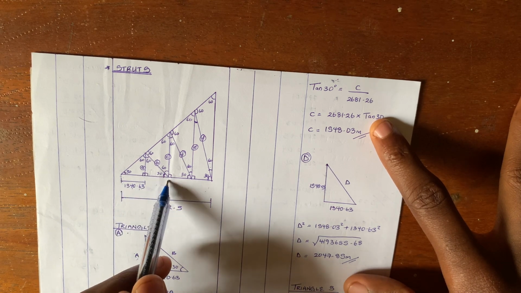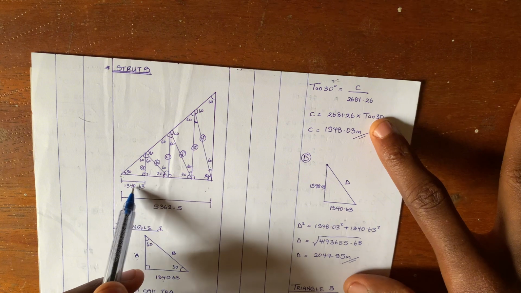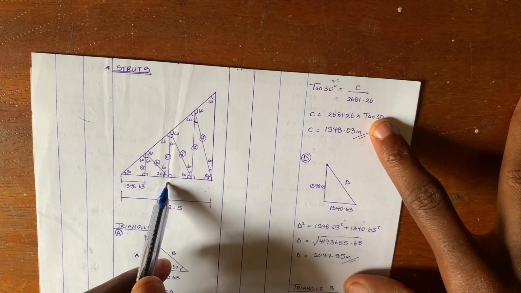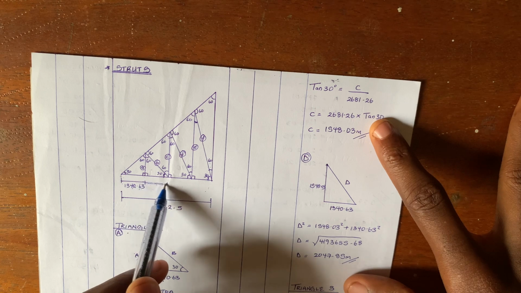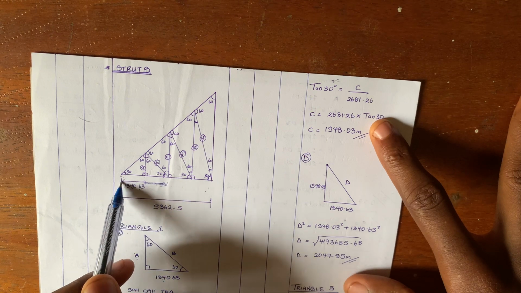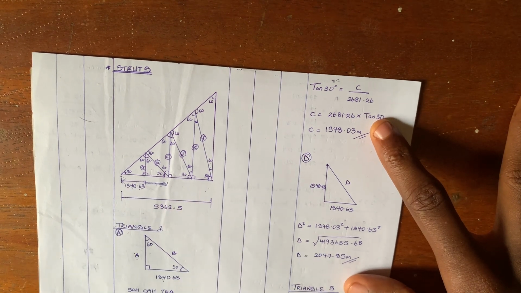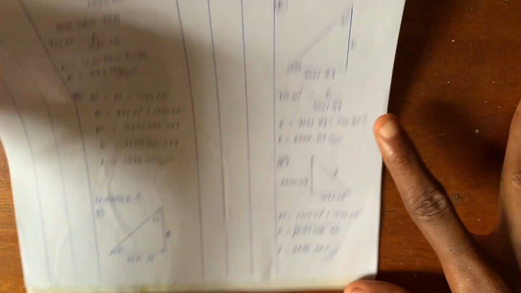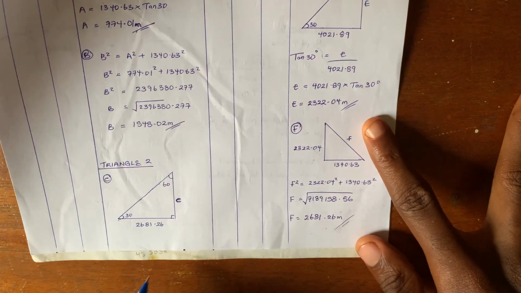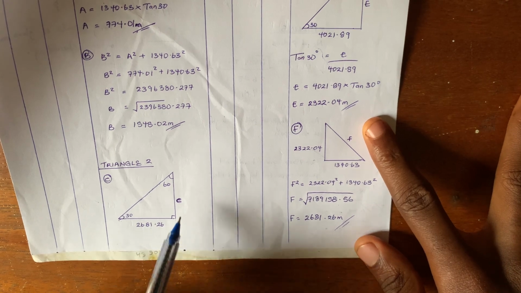From here also to here is the same thing. So you just times this one by 2. It will give you from here to here, and that is how we got 2681.26, which is this.